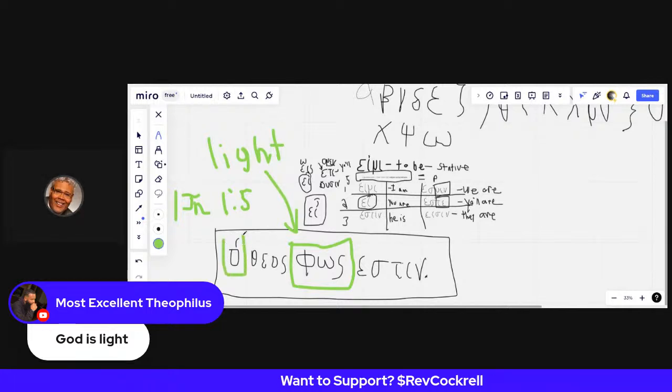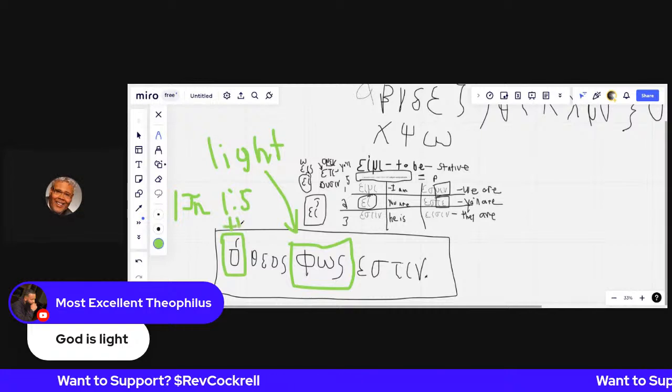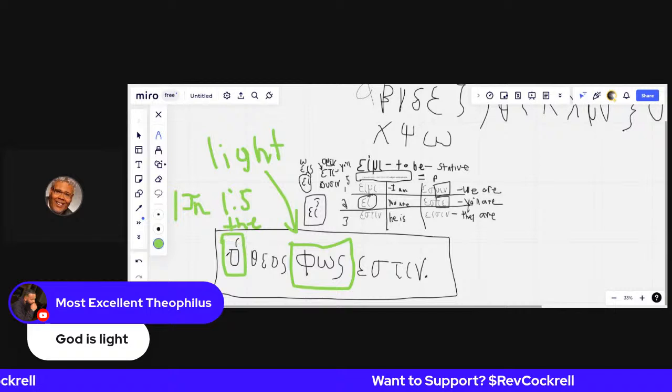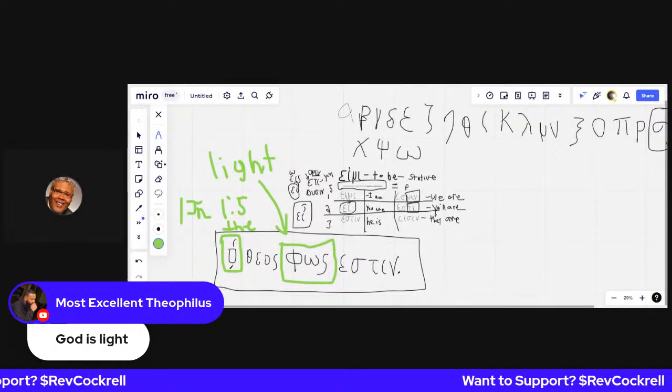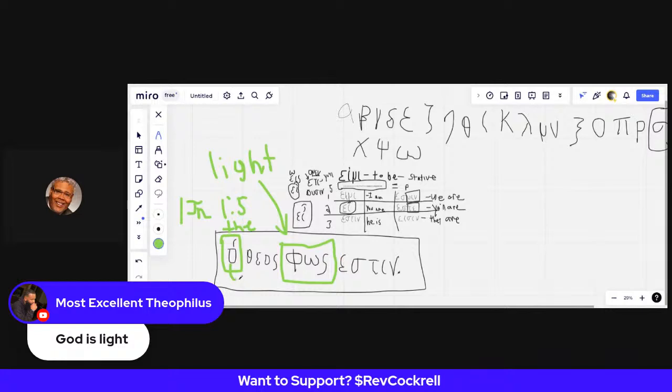This is your article for "the." Greek only has "the." Greek does not have "a" or "an." There's no separate thing. So an indefinite noun would be without an article. We're going to learn that your article is always going to tell you what it is attached to.